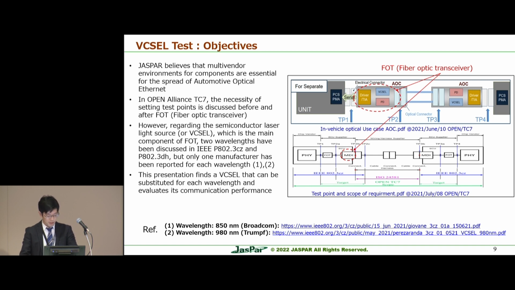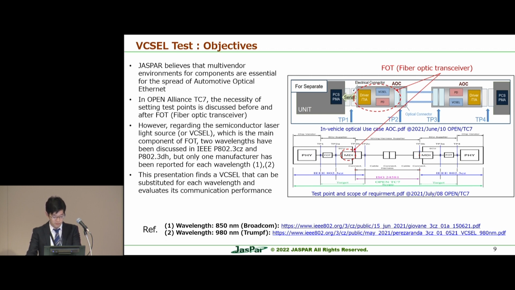JASPAR is considering multi-vendorization to ensure component procurement stability. And Open Alliance TC7 is considering the test points needed to verify the performance of optical components. The characteristics of the light source are very important in realizing optical communication.